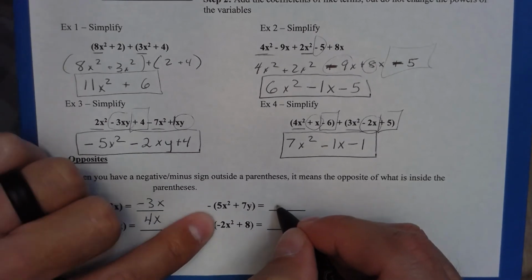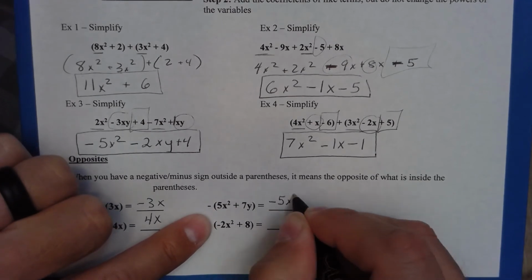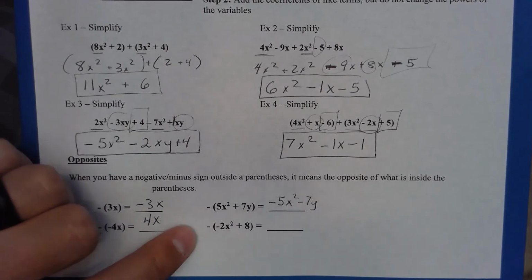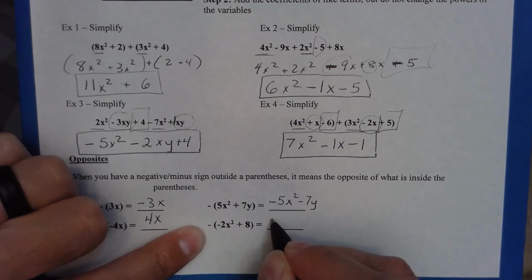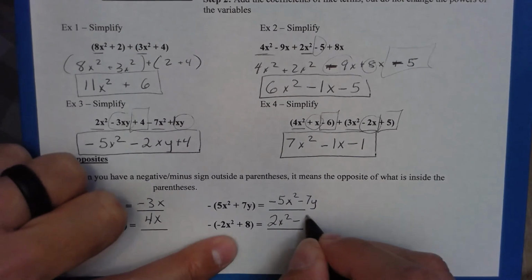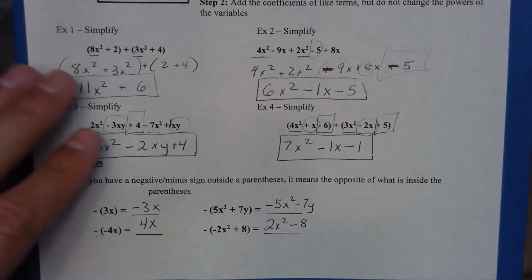Over here, it's going to change everything on the inside. So this will become negative 5x squared, and this will become negative 7y. Where this negative will change the negative 2x to a positive 2x squared, and this positive 8 now becomes negative 8.